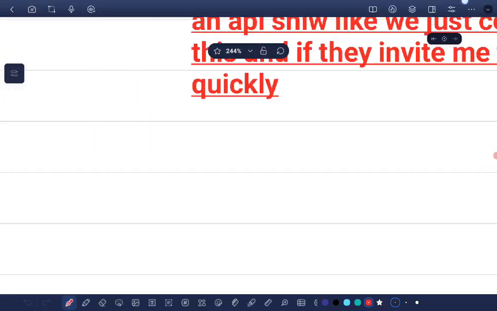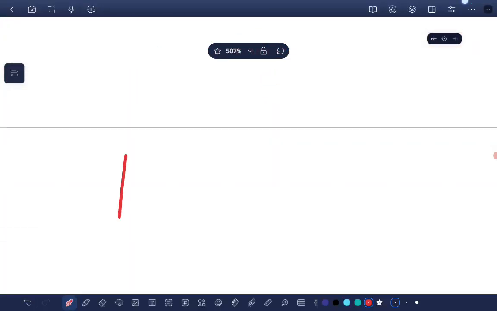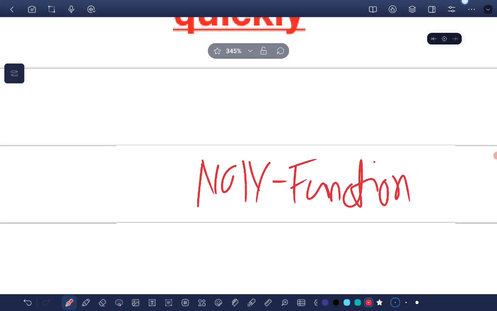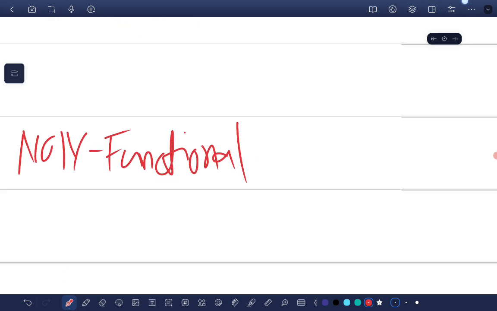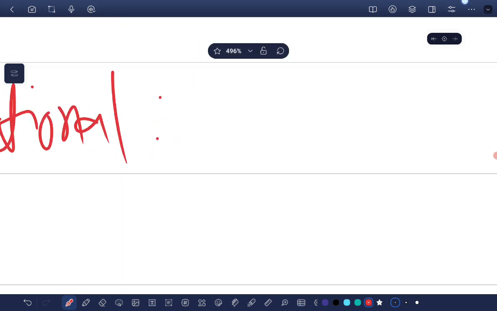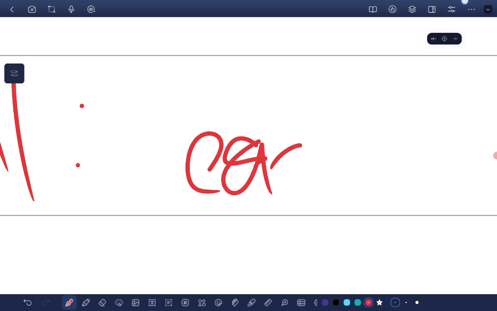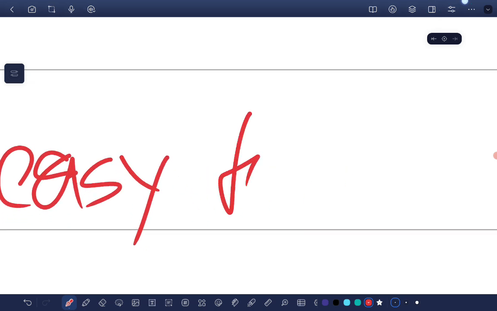The non-functional, this is my own non-functional, is that this is easy to use.